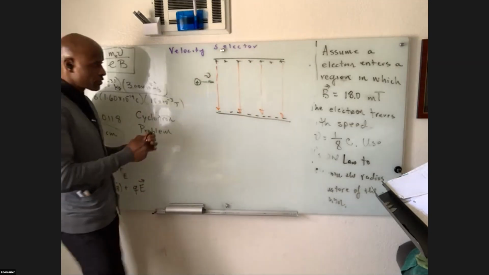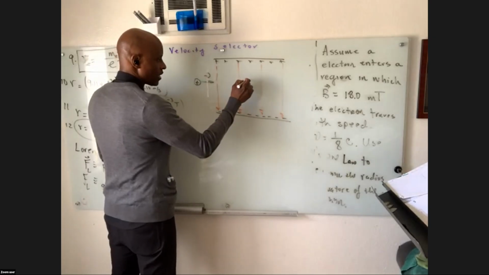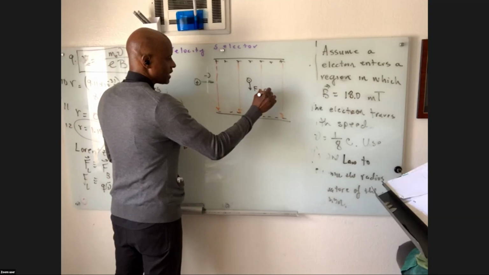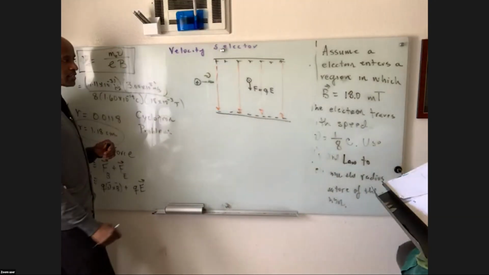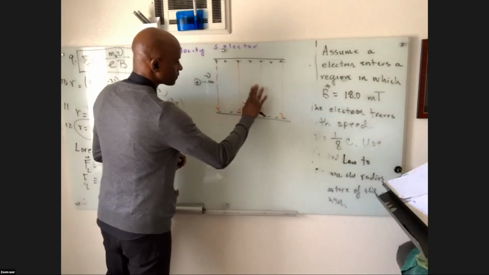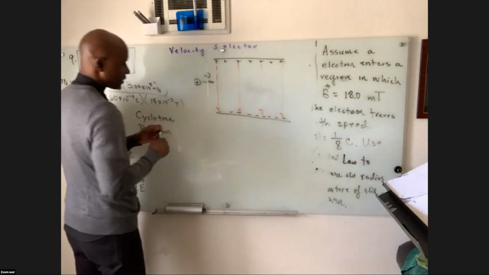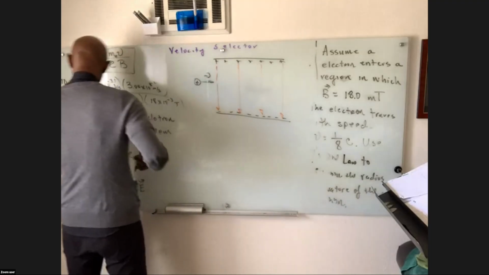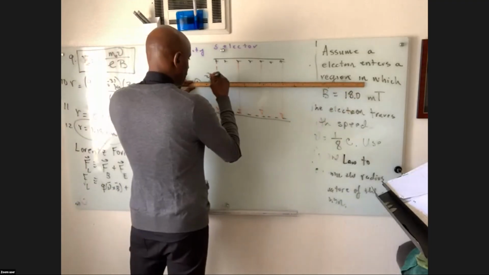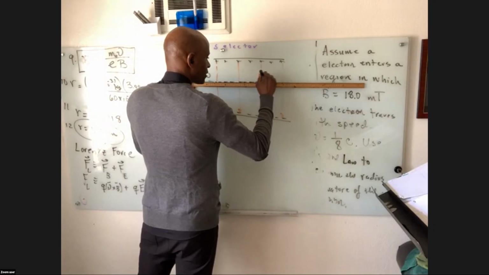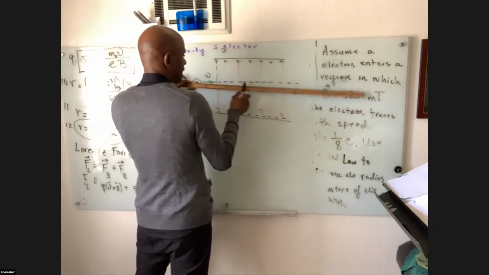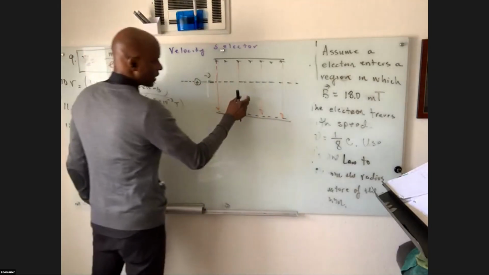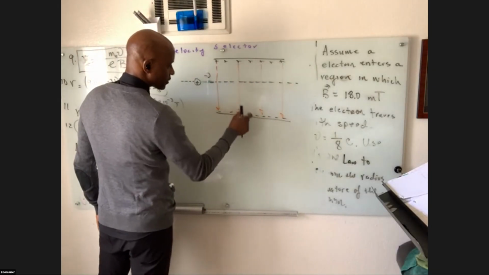If I put the particle in the center here, there's going to be an electric force, F_E, equal to q times E, straight down. It would go straight through if there were no field, that's the horizontal line, and the parabolic path deviates from that. But at any point, if I cut the field on, there's going to be an electric force.